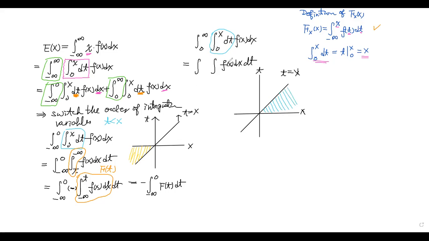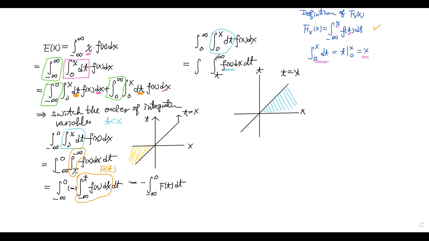So now if I do x first, what happens here? It will give me what? This will give me t, right? Because the x is greater than t, right? So it's t, but now where?